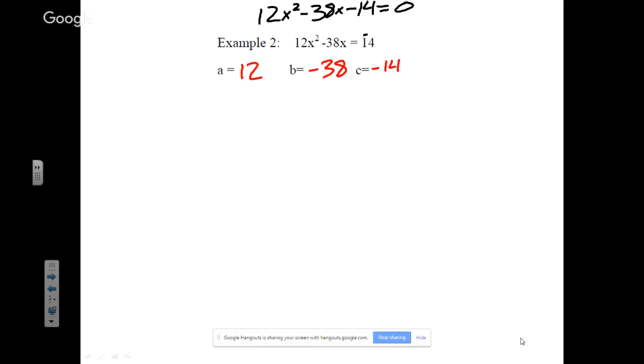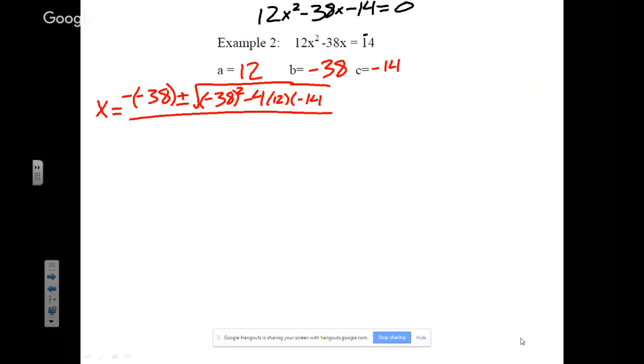And then we're just going to plug that back into the formula: x equals negative B, which is negative 38, plus or minus the square root of B squared minus 4 times A times C, all divided by 2A. So when we're simplifying this down, we have the 38 plus or minus the square root of the discriminant here.